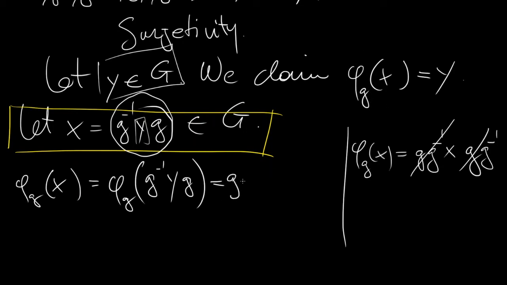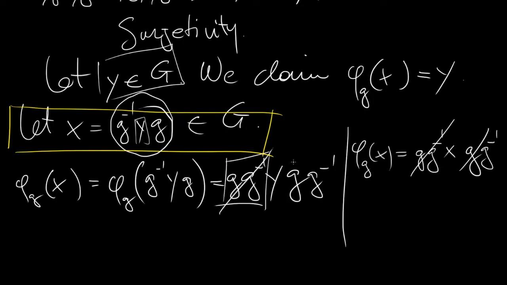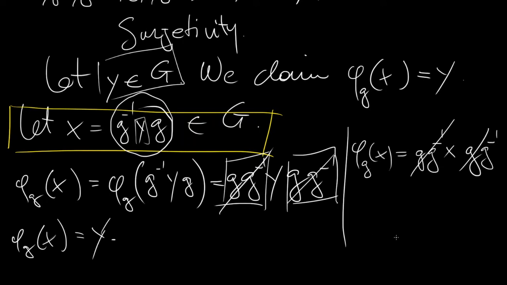So you have g inverse, and you have this guy in the middle, y g. And look at this, these are inverses of each other. They're the identity, so we can just cancel out, and we have little phi of g of x is indeed equal to y. Okay, and we're done. Our proof is complete.